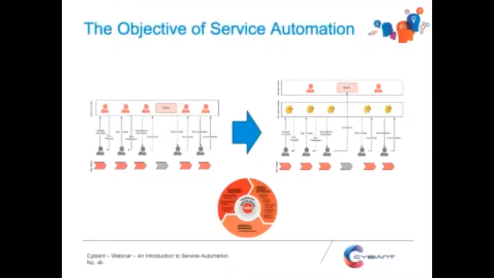What we would like to do with the service automation framework is move from the situation that you see at the left towards the situation that you see at the right. And the main difference between the picture on the left and the picture on the right is that there is now a self-service interface which is integrated between the user and the service delivery provider.